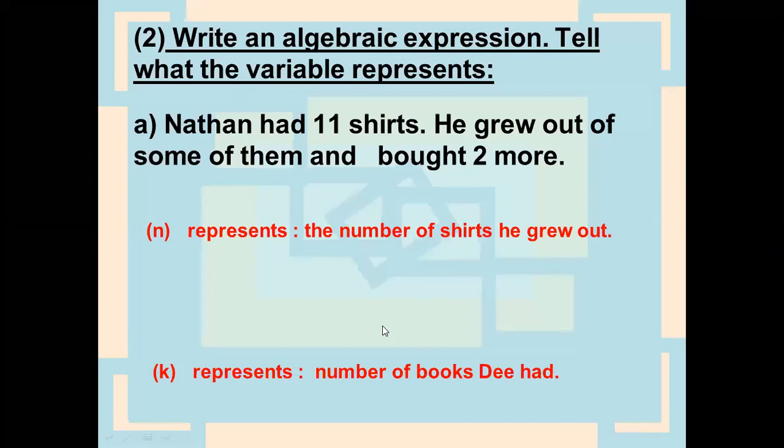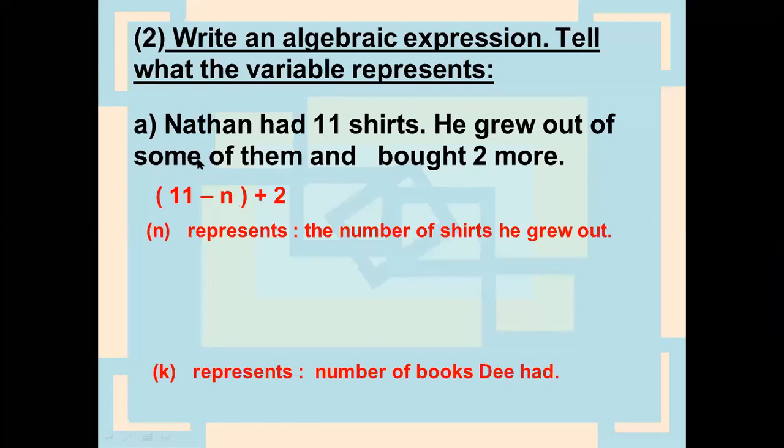Okay, again. Nathan had 11 shirts. He grew out of some of them and bought 2 more. This expression will be 11, the number of shirts he had. He grew out some of them. Grow out means minus.